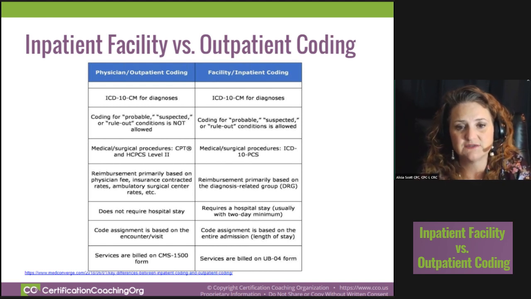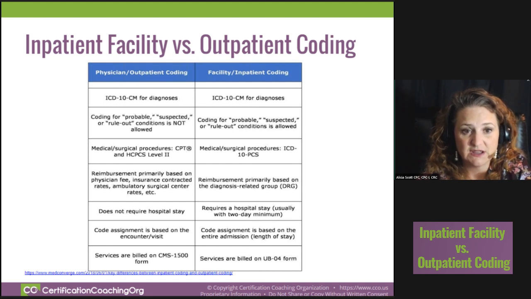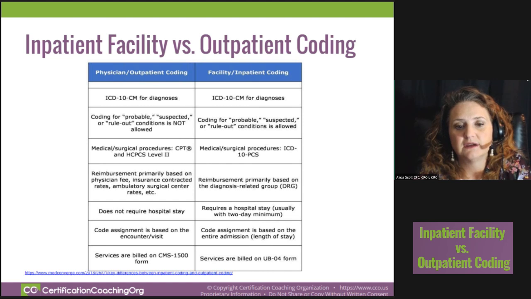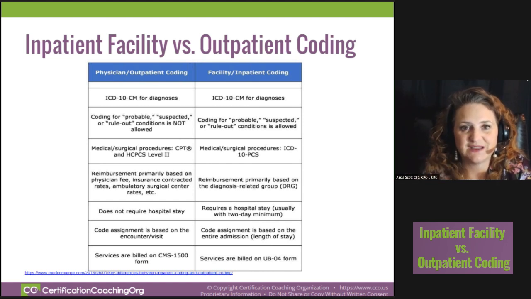You could be looking at 1,000 pages, and it takes longer to code each individual person in inpatient than it does outpatient, because outpatient usually is pretty quick. So you might do 10 inpatient versus 30 outpatient during your shift. And that's just kind of a guess.